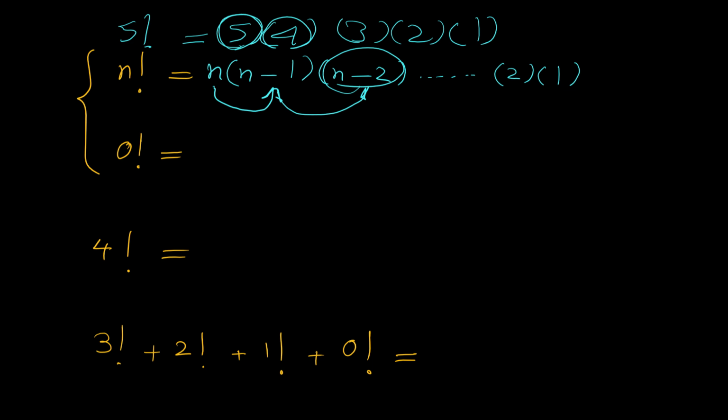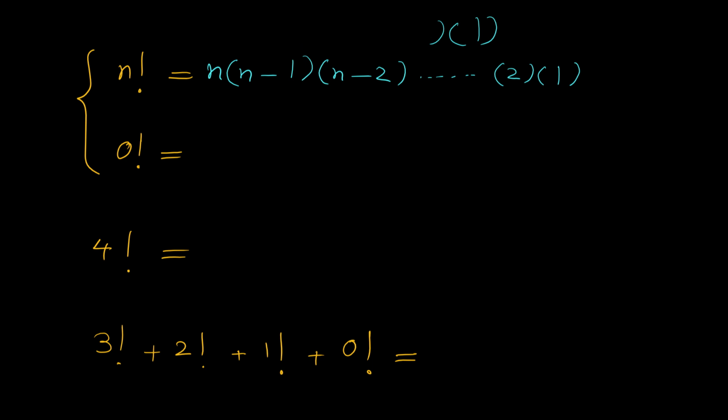So n factorial is defined as starting from n, and we multiply by n minus 1 times n minus 2, and we continue this, going backward till we get to 1. This is the definition of n factorial.